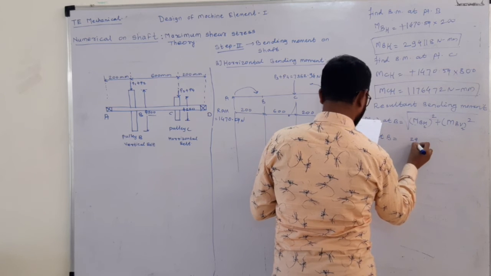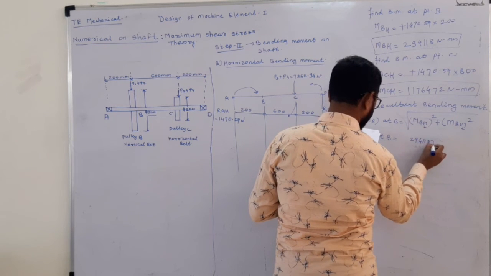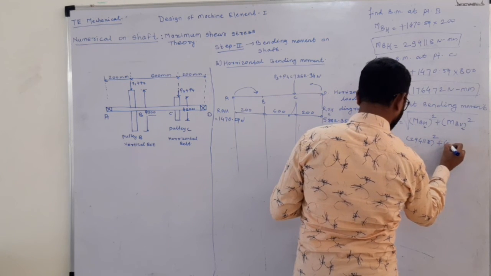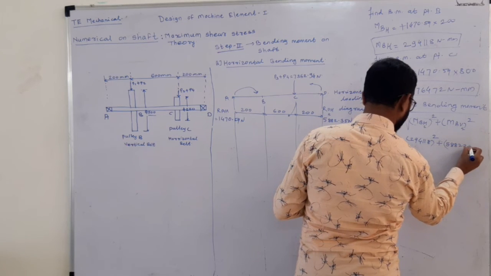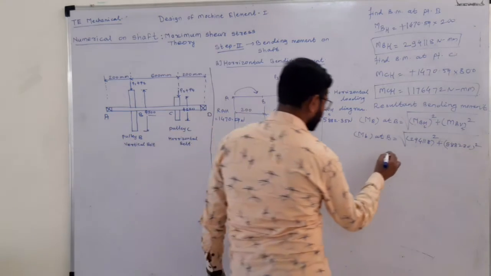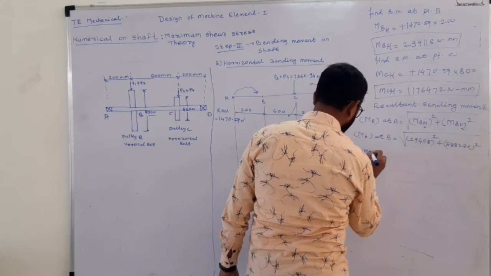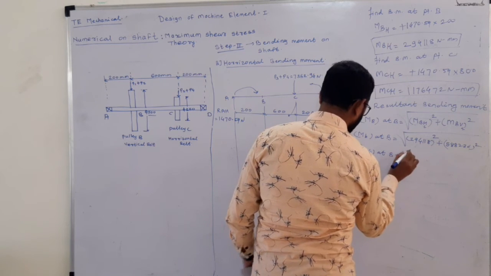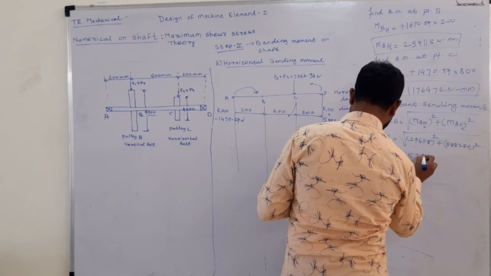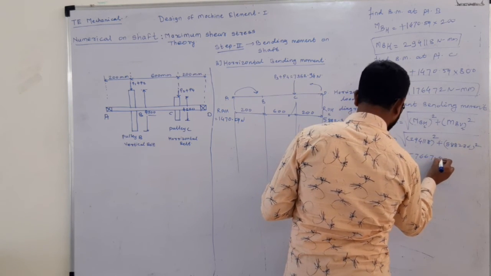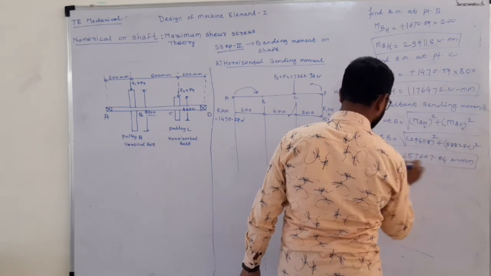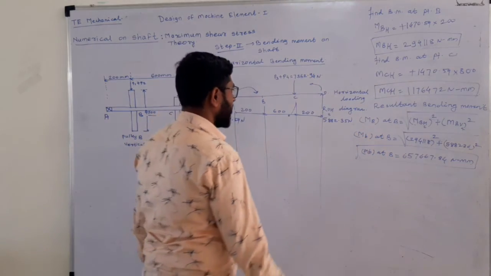It is 294,118 square plus 588,236 square, so bending moment at B is equal to 657667.84 Newton mm.